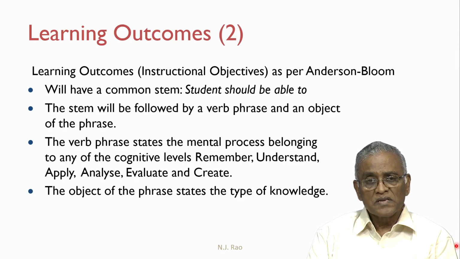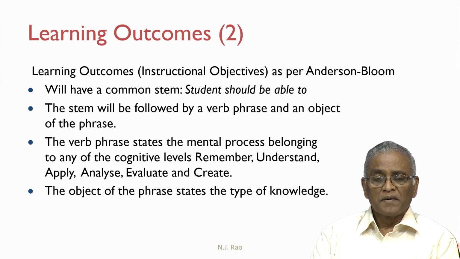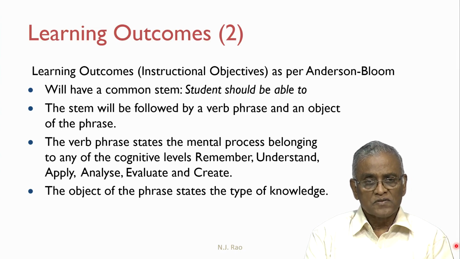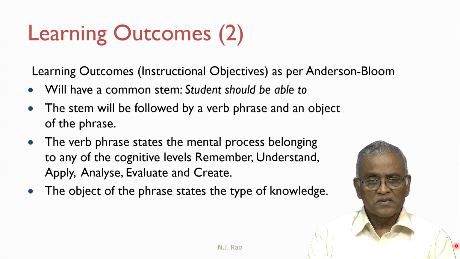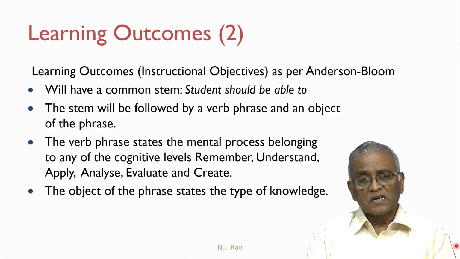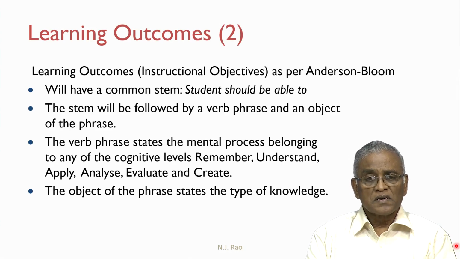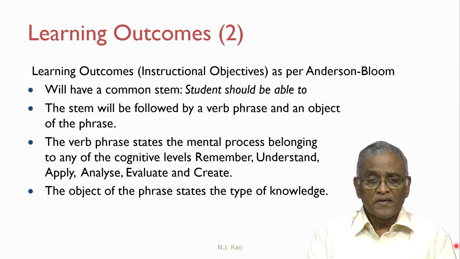Okay. This stem will be followed by a verb phrase and an object of the phrase. So, those are the words used. The verb phrase states the mental process belonging to any of the cognitive levels, namely remember, understand, apply, analyze, evaluate and create. We have already seen in the taxonomy that the 6 cognitive processes can be identified by a set of action verbs.